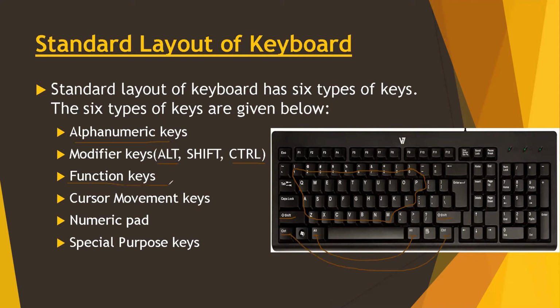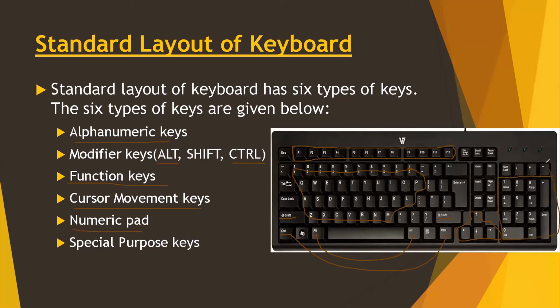Then come the function keys. There are 12 function keys available on the keyboard, F1 to F12. Each performs a specific function. Then cursor movement keys: the up arrow, down arrow, right arrow, and left arrow. Then the numeric pad is optional. In some keyboards you can see the numeric pad.